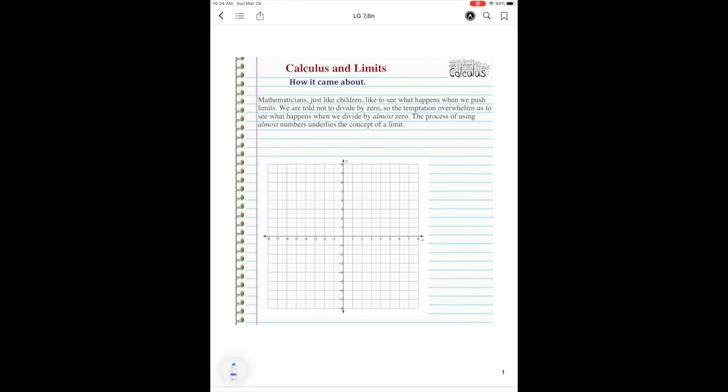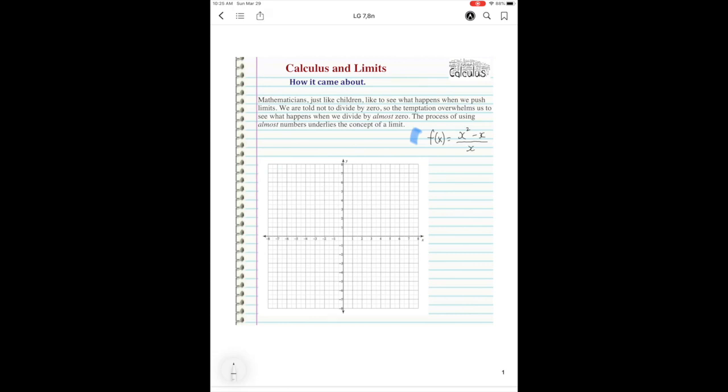So let's look at a function. Let's say the function is x squared minus x divided by x.